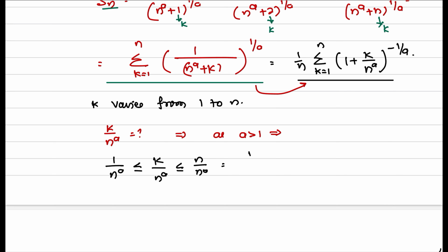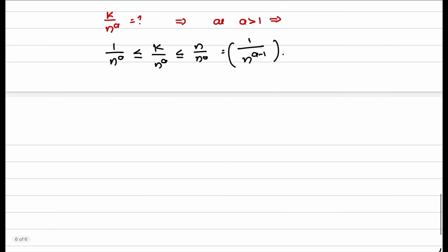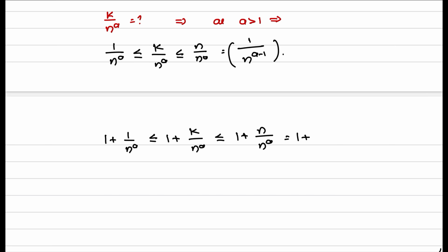What is n by n to the power of a? 1 by n to the power of a minus 1. Then let us add 1 to it: 1 plus 1 by n to the power of a is less than or equal to 1 plus k by n to the power of a, which is less than or equal to 1 plus n by n to the power of a. That means 1 plus 1 by n to the power of a minus 1.